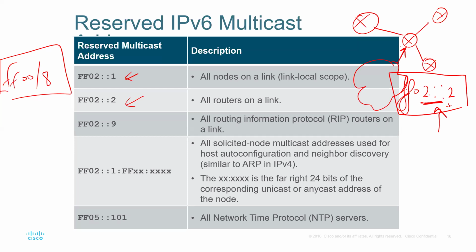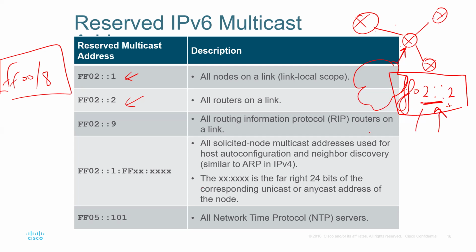And that's the reason why multicast is more efficient than broadcast. Imagine with IPv4, how would you communicate with only routers? You can't send a broadcast to do that. With IPv6, it simplifies that.